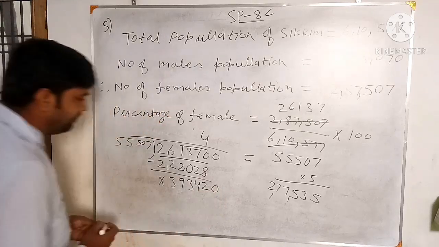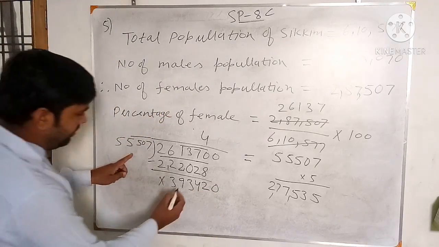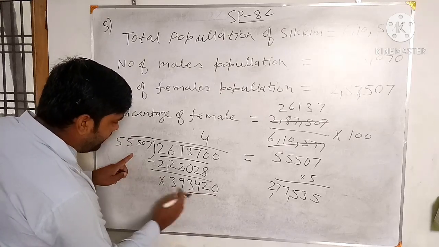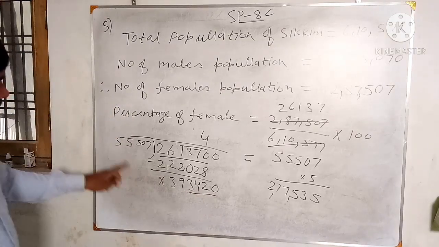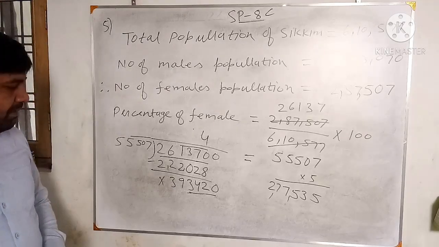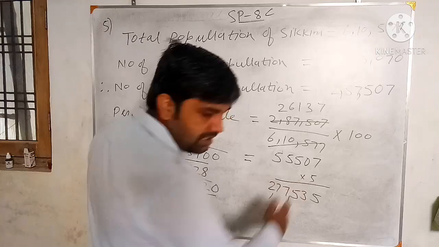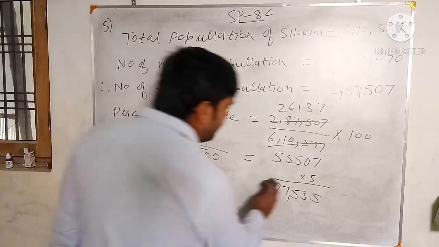Bring 10 down. Now again ignore 4 digits. This 4 digit we have ignored. Now the number is 39. So 5 will go in 39. 5 8s are 40. Maybe 7 times it will go. So again we multiply this number by 7 and check whether it is going or not.